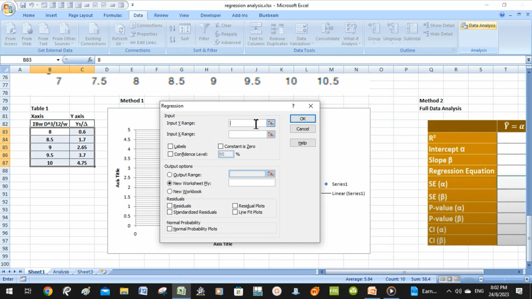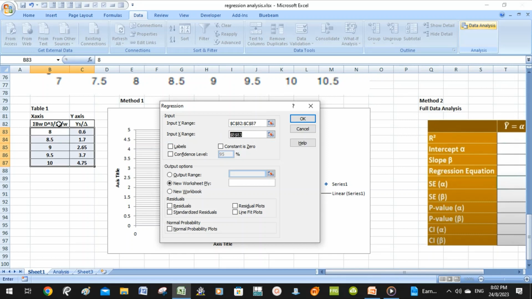Step 4, input the Y range and then input the X range including the title. And if you have included the titles, click on labels. Okay?